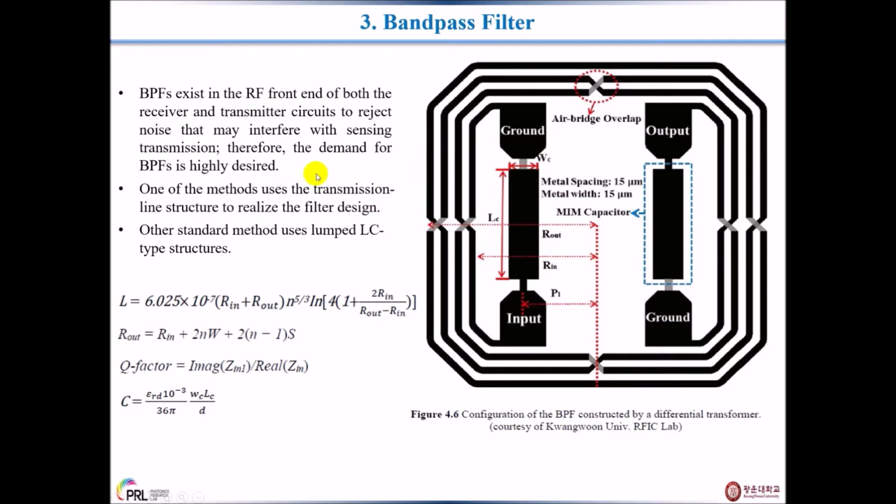One of the methods used to realize the filter design is the transmission line structure, and the next one is the lumped LC type structure.